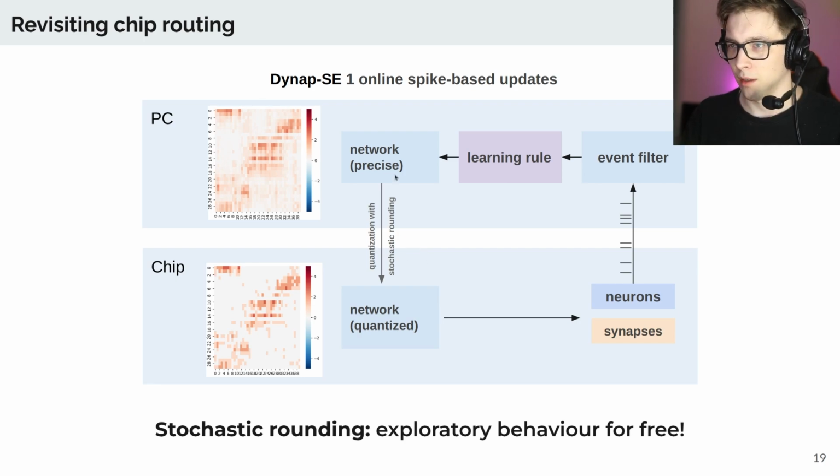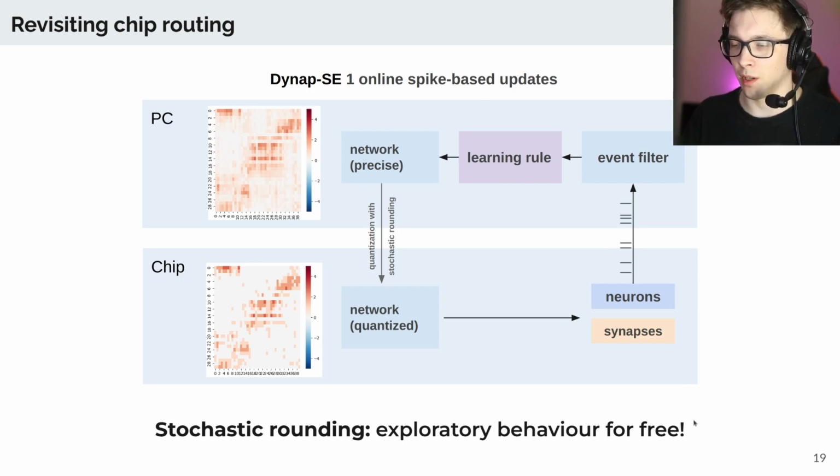My suggestion is to keep the precise network at all times, and then each time you would like to update the matrices, do the quantization step when you apply it back to the chip. And then that in turn impacts the dynamics of neurons and synapses because the matrix is different, and so on. So you can have a logic loop like this that lets you train networks on DYNAP-SE chips.